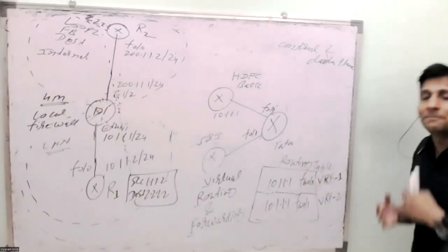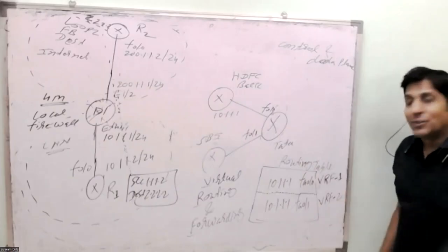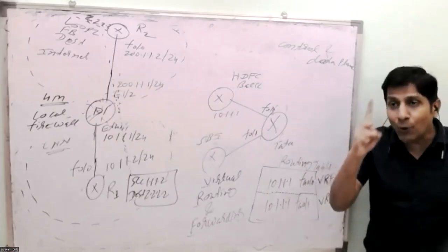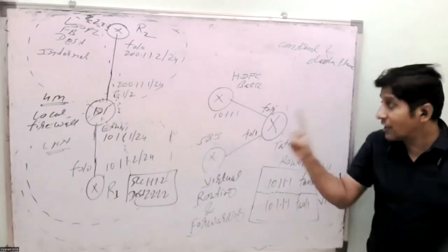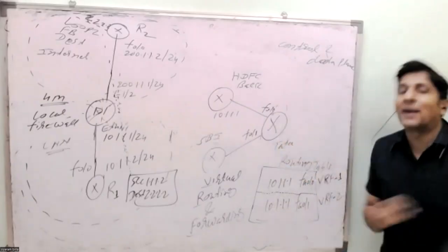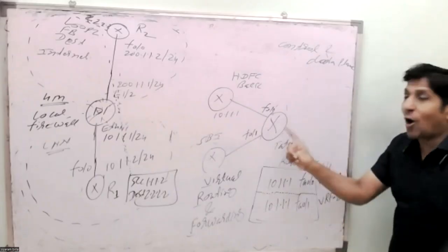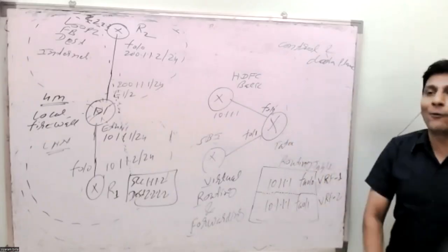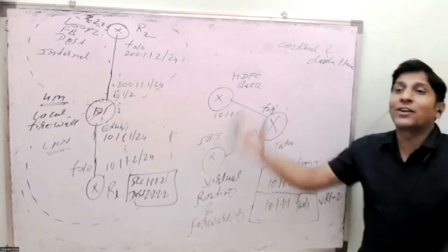The VRF divides the control plane as well as data plane. Means we divide a single router into multiple routers. We logically divide a single router as multiple routers. A VRF acts as a different router.